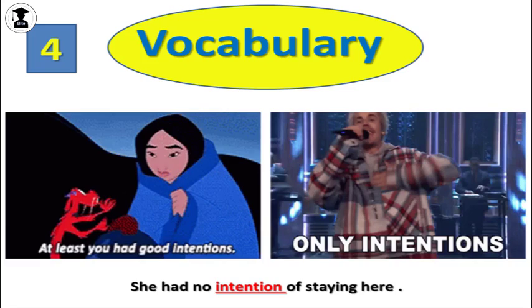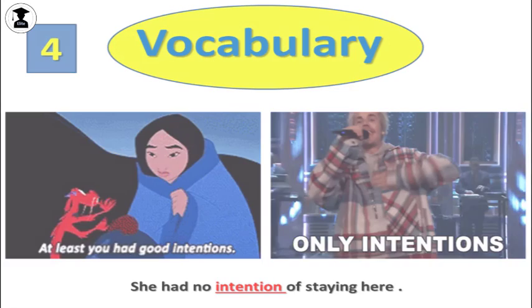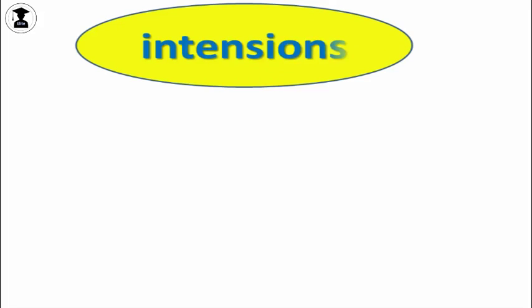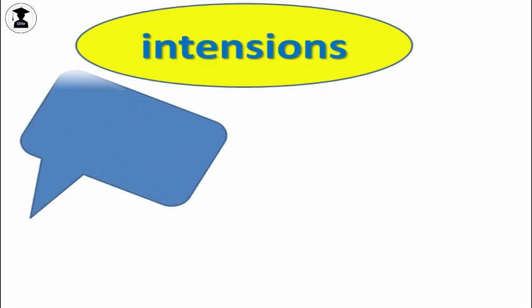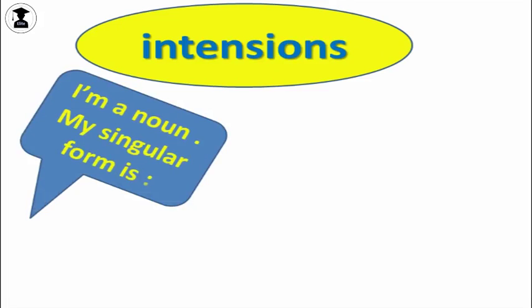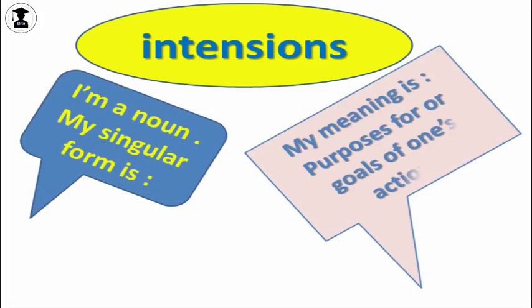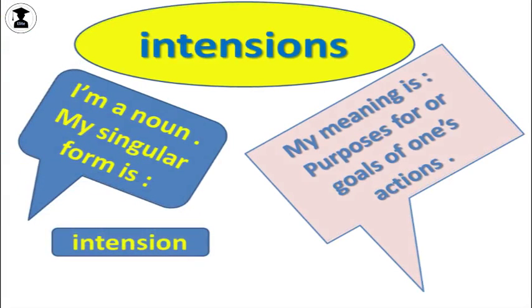So please quickly guess the meaning of the word intention. As you know, intentions is a noun whose singular form is intention. So it is a countable noun. The meaning of the word intentions is purposes, purposes for or goals of one's actions.